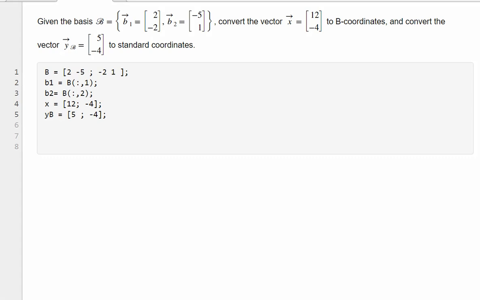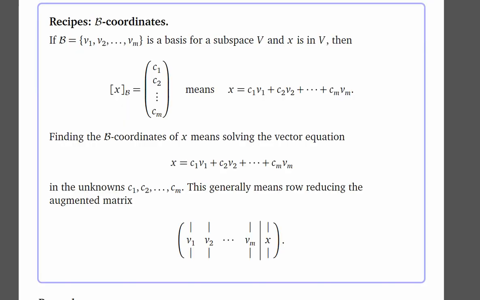So what do we want to do? We want to convert this vector x into B coordinates. In our book, you can see what it means to find the B coordinates. The B coordinates of x means that we're solving this vector equation for some x.